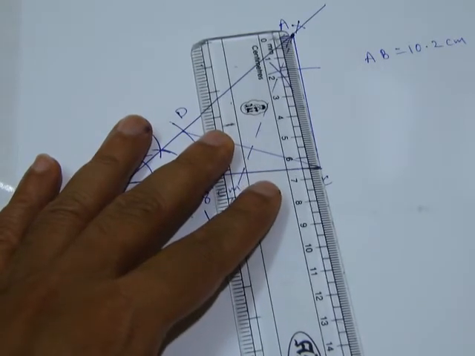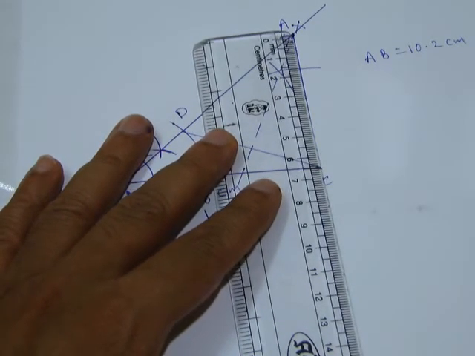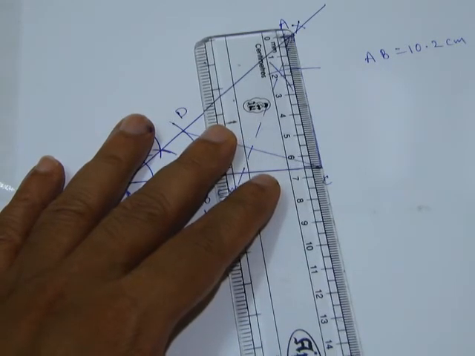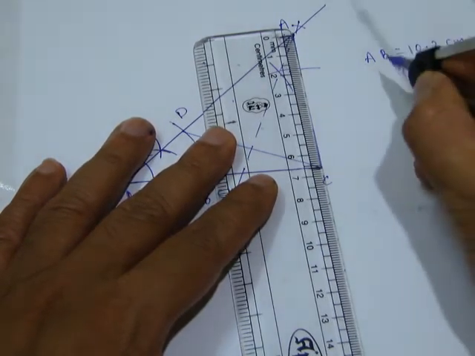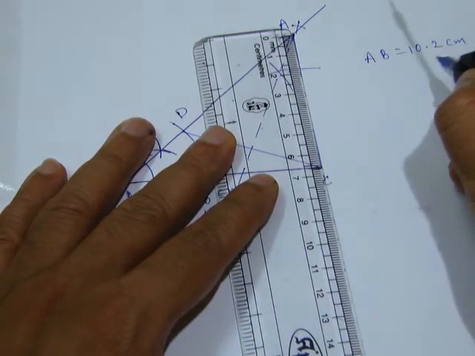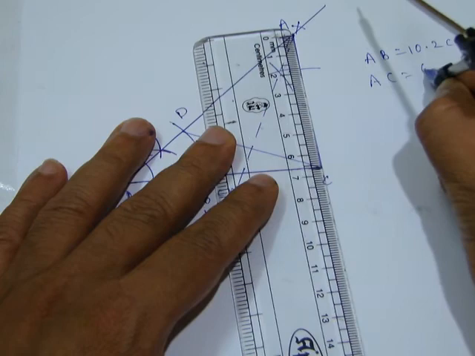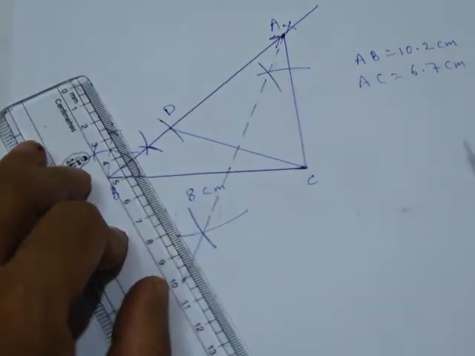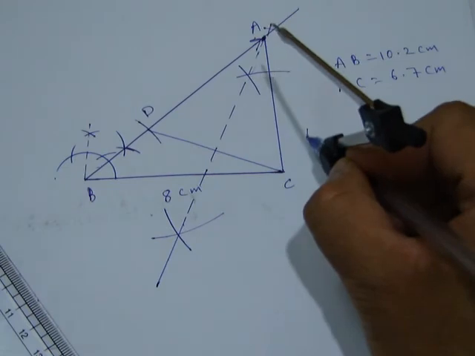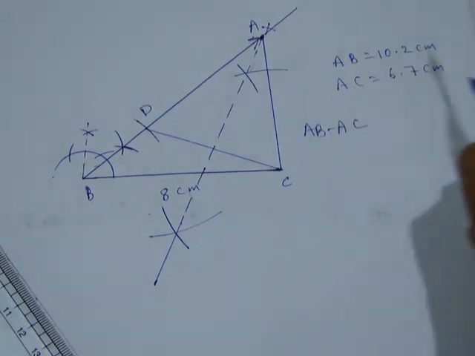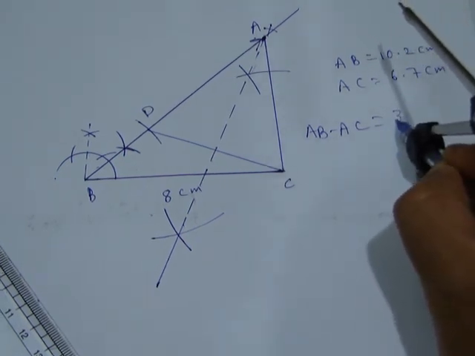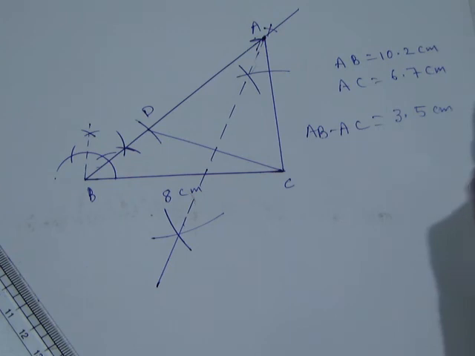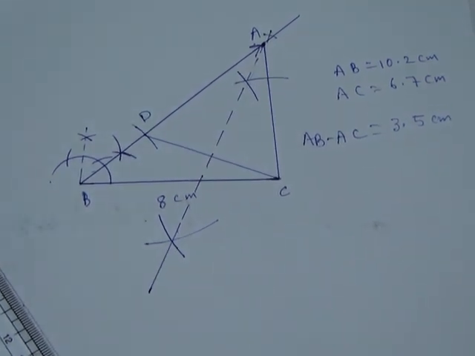This is coming 6 point somewhere, 6.7 centimeter is AC. Now if we subtract AB minus AC, so 10.2 minus 6.7 is 3.5 centimeter. In this way verification is also done.